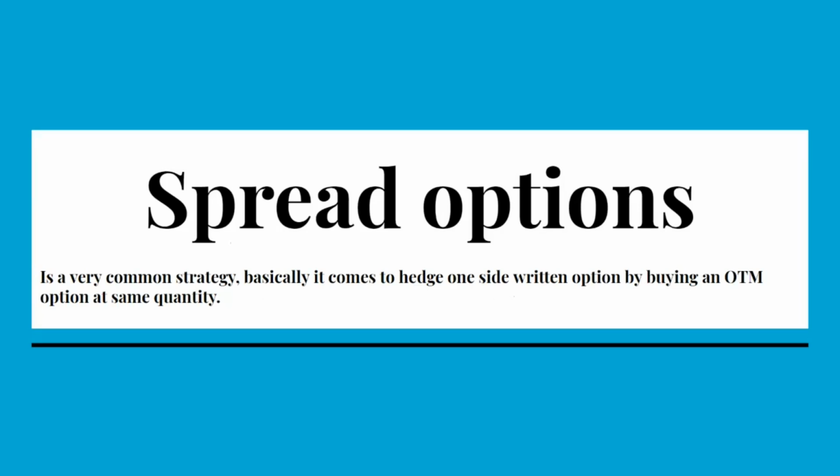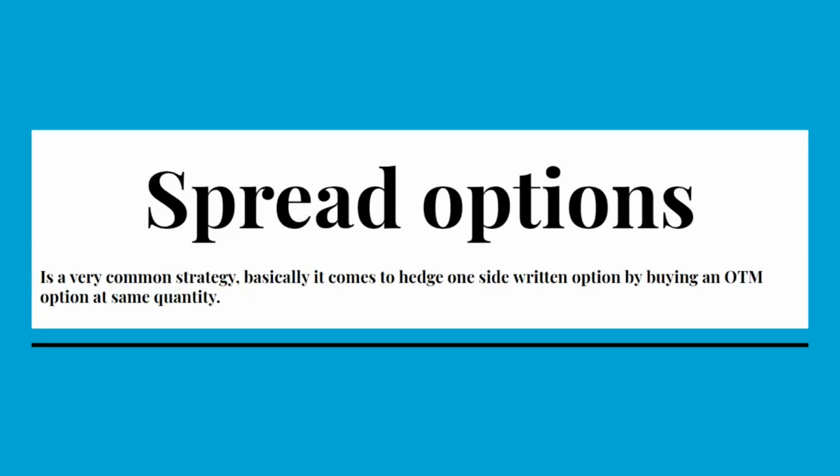Sometimes we might think that we are pretty certain about one direction of the market, and we're selling the right option for this way, but sometimes the market can be evil to us and give us some serious suffering, and we might lose money.